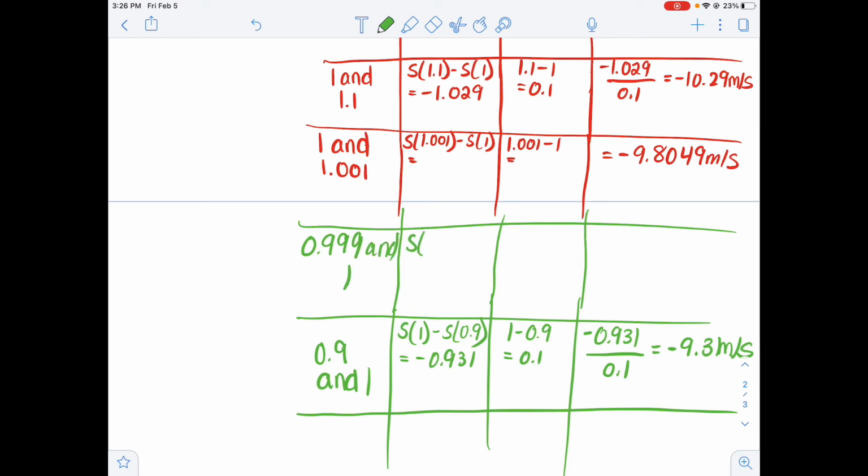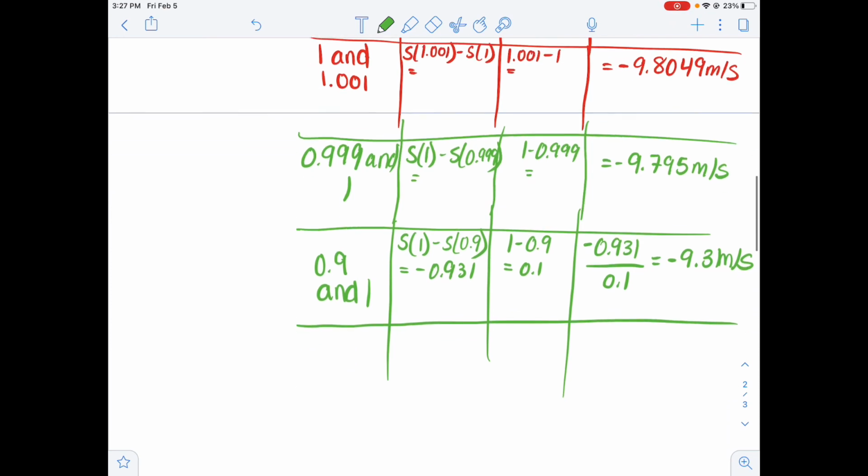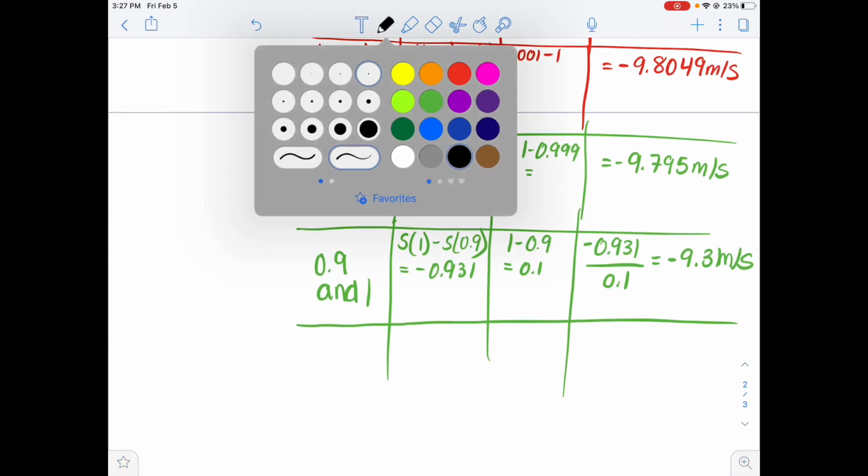I'm going to do s of 1 minus s of 0.999, and 1 minus 0.999. I'm just going to do this all in one step. I got negative 9.795 meters per second.